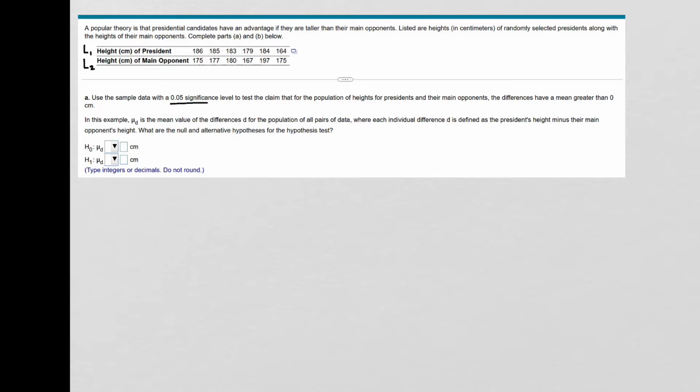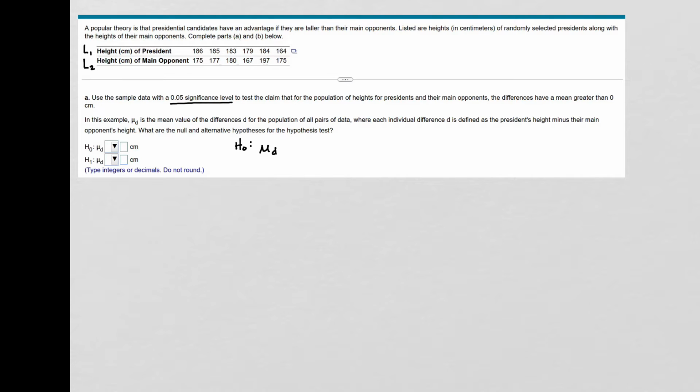We're going to use a 0.05 significance level to test the claim that for the population of heights for presidents and their main opponents, the differences have a mean greater than 0. So for the null hypothesis, I'm going to write that over to the side.